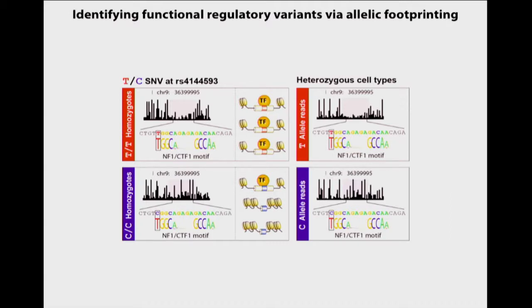So now imagine that if you have enough depth, enough cell types, and enough variation, you can put all this information together to reconstruct, at a fairly large scale, variants that are affecting the occupancy of proteins to different degrees.